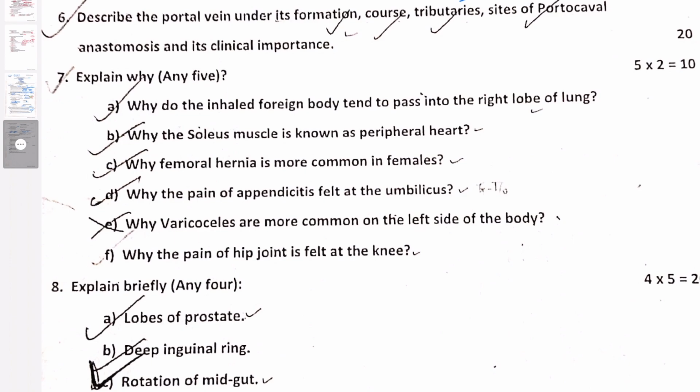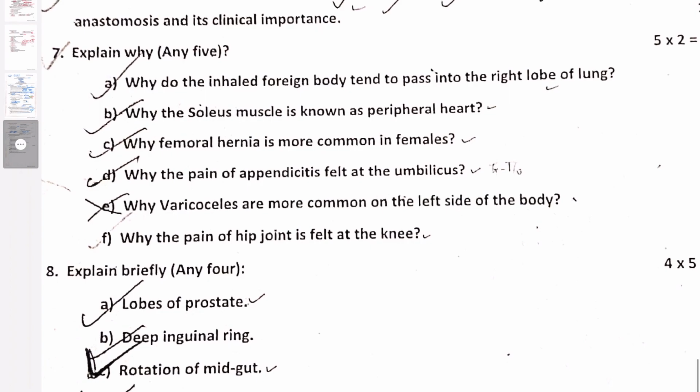Why is the pain of appendicitis felt around the umbilicus? That is the T10 dermatome, and the T10 spinal segment provides the sympathetic autonomic innervation to the appendix. So the pain is referred to the umbilicus, T10. Remember, it is the spinal segment we're talking about. Why are varicoceles more common on the left side? So important. I just described it in one of those descriptions above, contents of the spermatic cord.